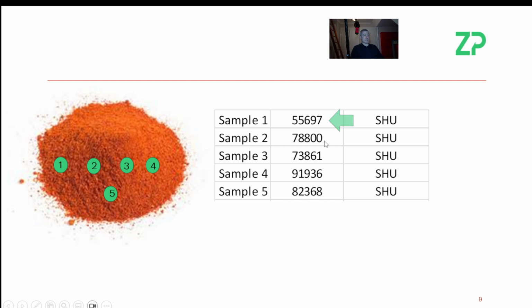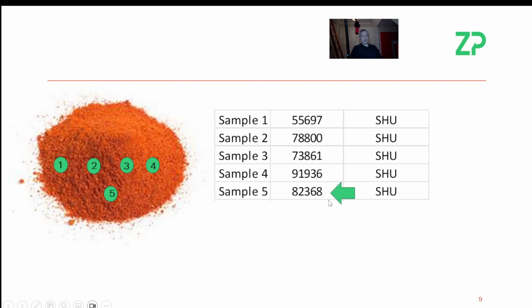But actually sample 4 was 91,936. So that's twice what sample 1 actually was. For some people, depending on your perspective, you could think, oh my goodness, that's twice as high. Now they do have 3 more samples, 78,000, 73,000 and 82,000.